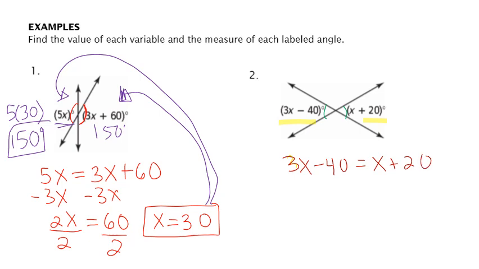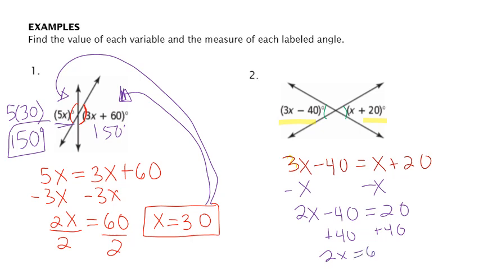again, solving just a linear equation, we're going to subtract x. Add 40 and divide. So this one we also get an answer of 30, but again, that's the value for x.